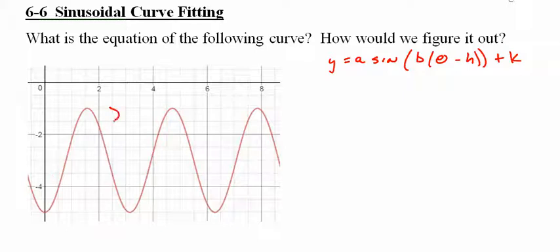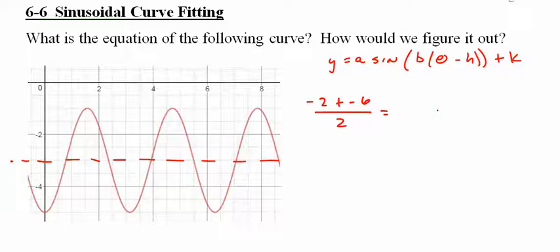Now, a lot of people do this: 8, therefore it's 4. 1, 2, 3, 4. They draw that in. This is not a bad idea, but I'm going to be a little more precise. I'm going to find the average of -2 plus -6, because that's as low as it goes.